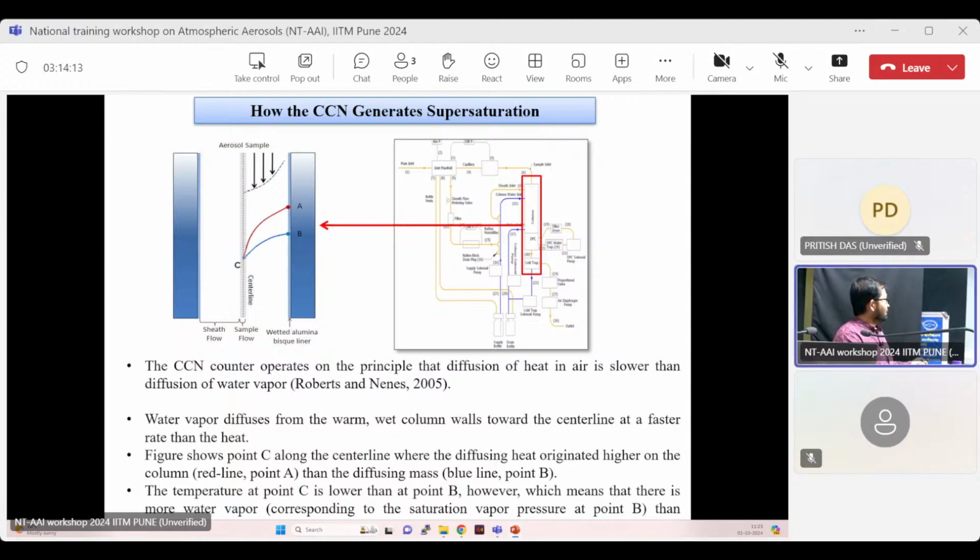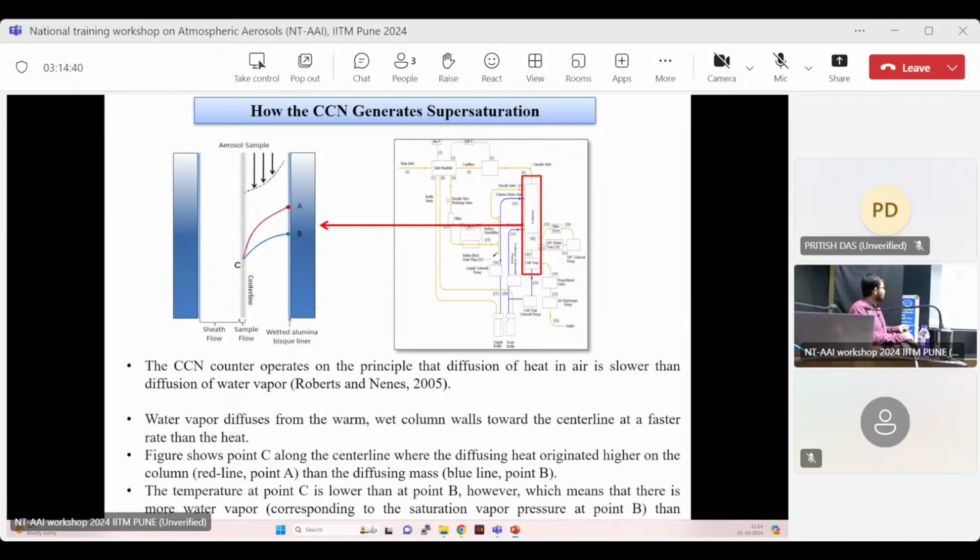Okay. The main theory on which this CCN counter is based is that the mass flux of your water molecules travels faster than your heat flux. You have heated porous materials here with different temperature gradients, and the temperature of these walls is higher than your center line.